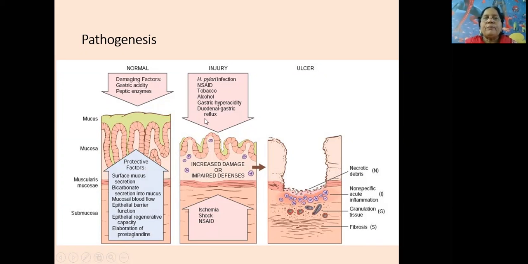Then what are the injurious agents? NSAIDs, tobacco, alcohol, what all we saw in the etiologic factors, and duodenal gastric reflux and gastric hyperacidity. And if we leave this alone, there is some edema, some mucosal damage that is happening.